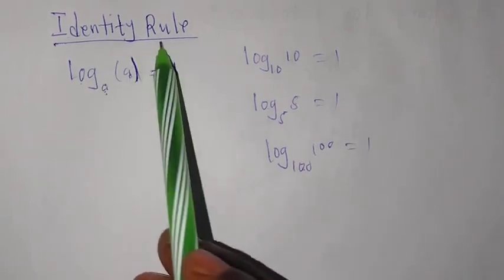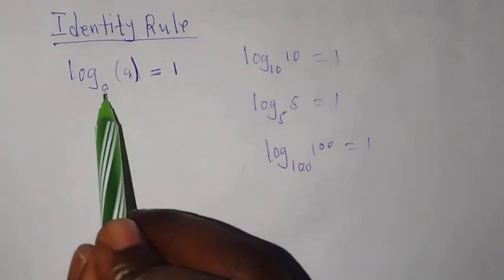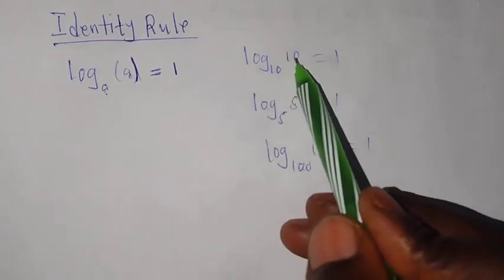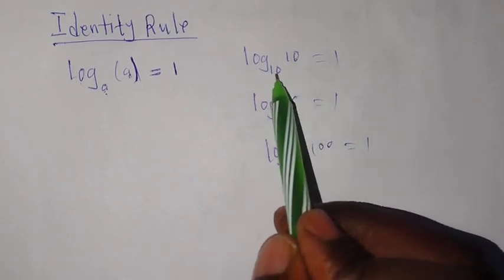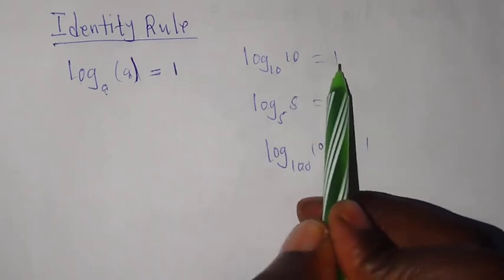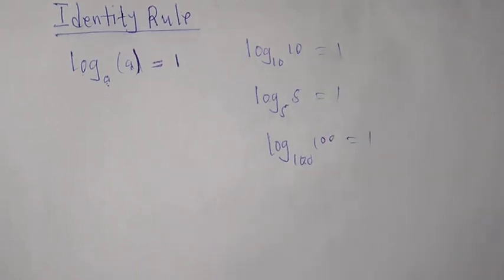That is the identity rule. The logarithm of 10 to the base 10, again it's a 1.